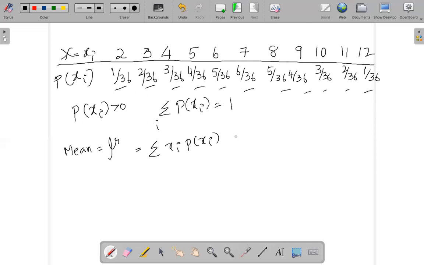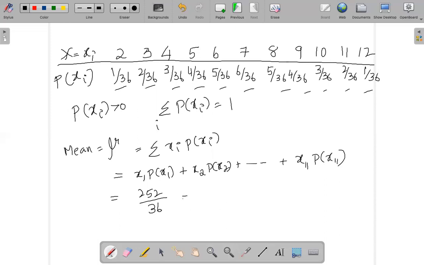So we already discussed that, that is x1 P of x1 plus x2 P of x2, and so on, up to x11, P of x11. So when you add this all and multiply this with respect to P of xi, you will get 252 divided by 36, which is equal to 7.